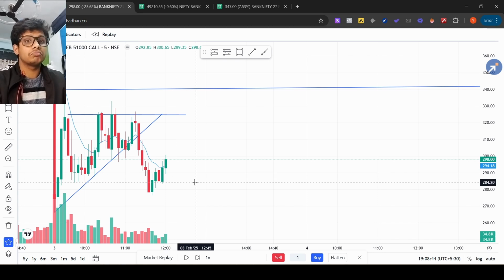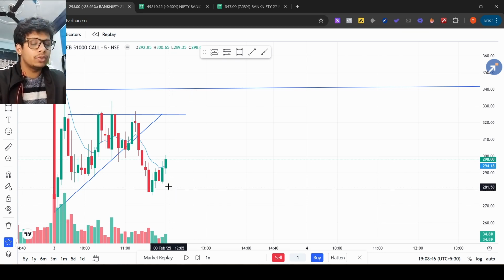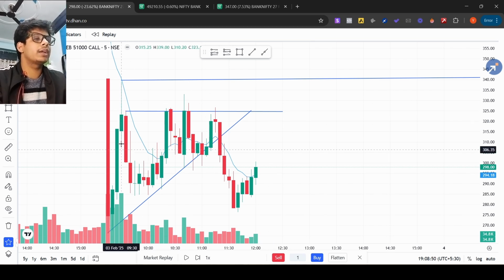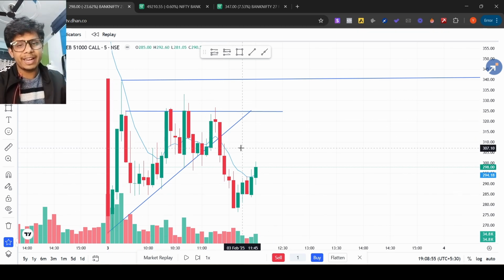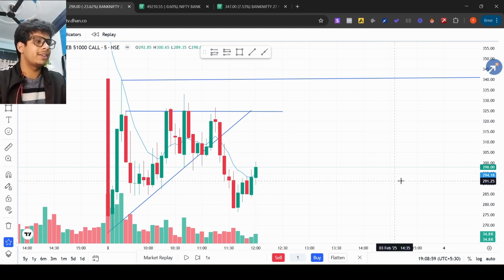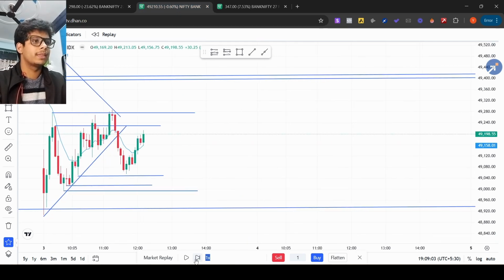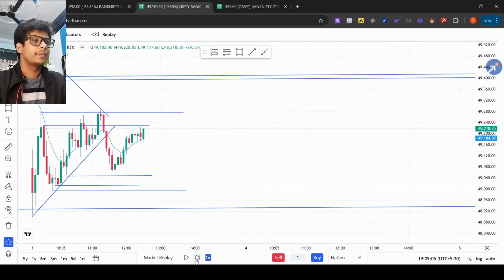It doesn't have a lot of momentum. See, as compared, we need a candle something like this, a Marubozu candle, or a candle having shorter wicks on both sides, but this clearly doesn't have anything like that, so not for me.